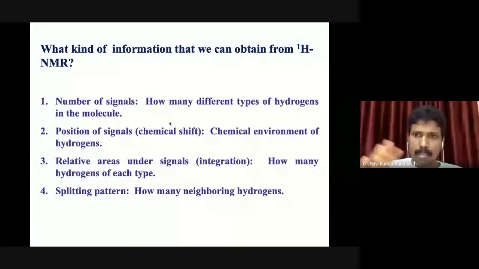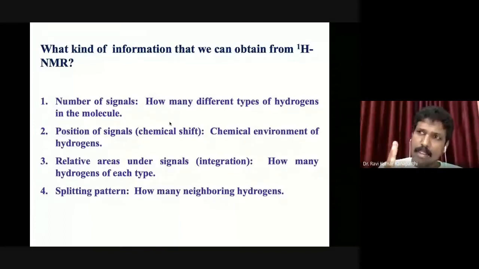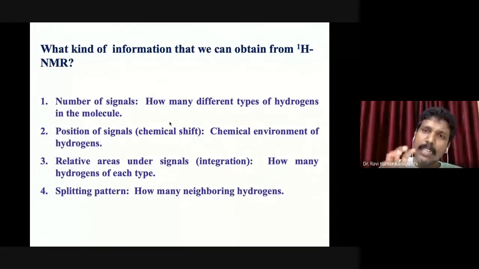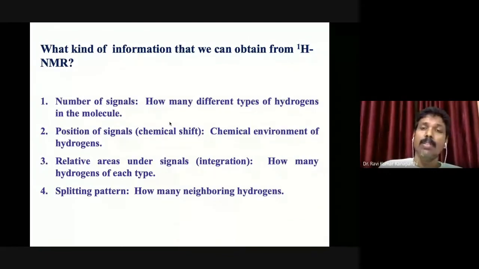Okay, so this is what we can say. You just look at the number. Based on the number, you can say those many types of protons are there. That means each type of magnetically active nucleus is present in that many chemical environments. That is why you see that many NMR signals.